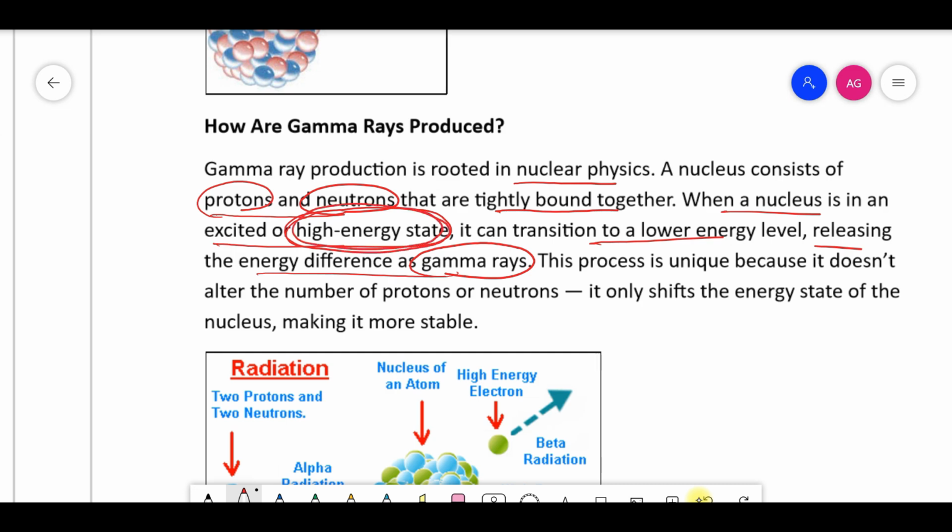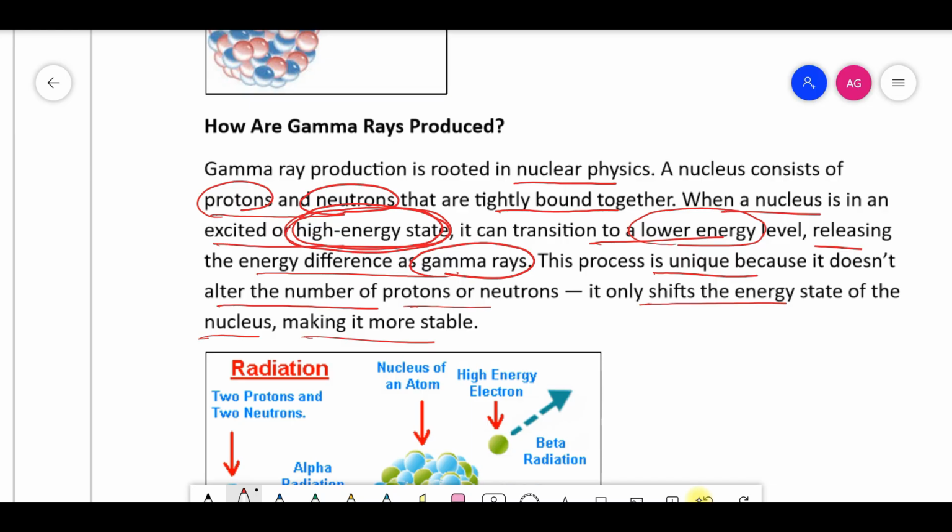All these processes are done in nuclear power plants. Whenever the nucleus comes to a high energy state, it will try to come to a lower energy state, and at that time it will emit a gamma ray. This process is unique because it does not alter the number of protons and neutrons. It only changes the energy state of the nucleus, making it more stable.